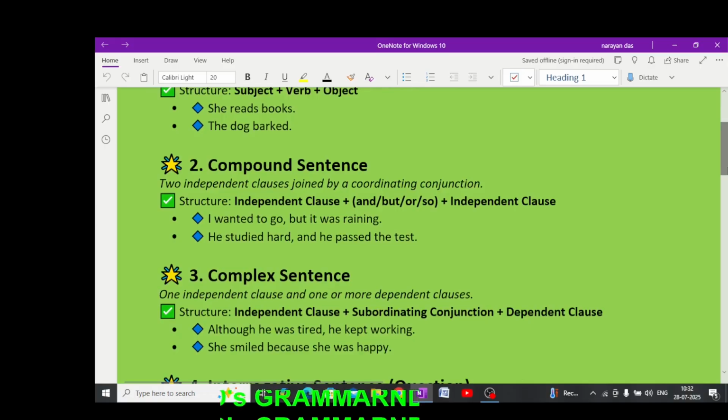And these are simple sentence structure. This is that we have just learned, subject verb object structure. This is simple sentence structure.